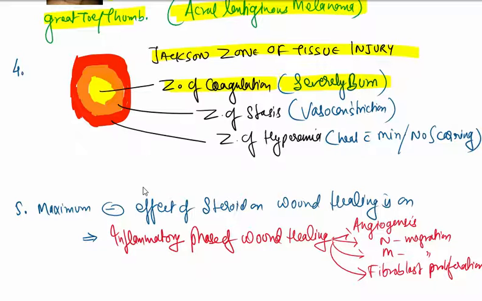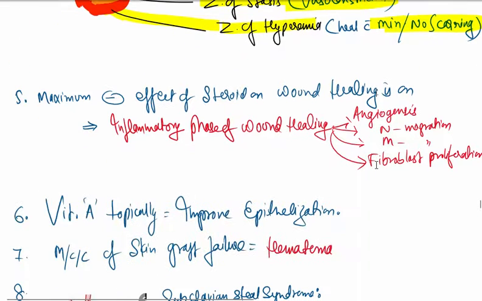Just around this is the zone of stasis, due to vasoconstriction, and the most peripheral is the zone of hyperemia. Only this outermost zone of hyperemia heals with minimum or no scarring.